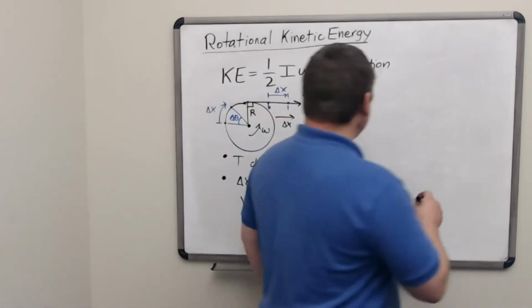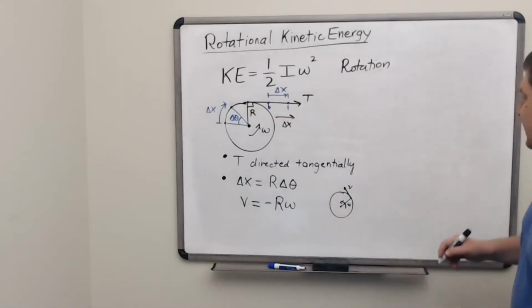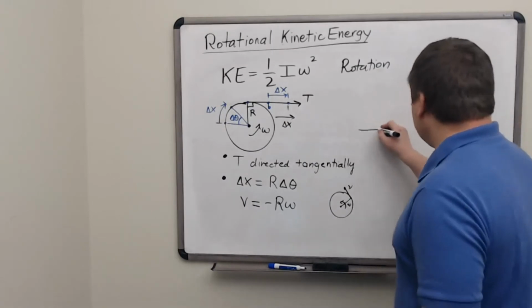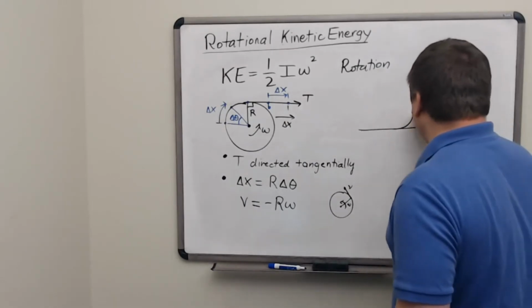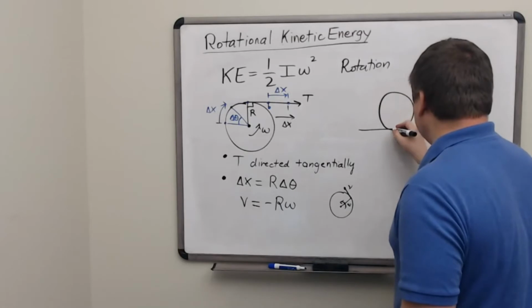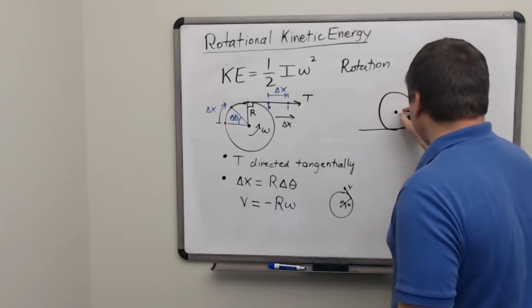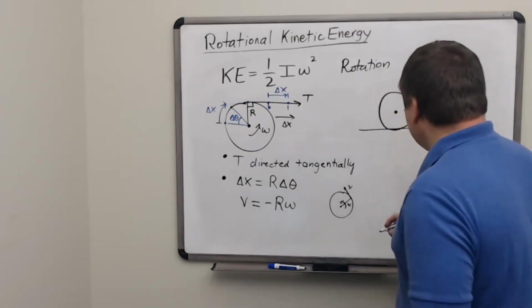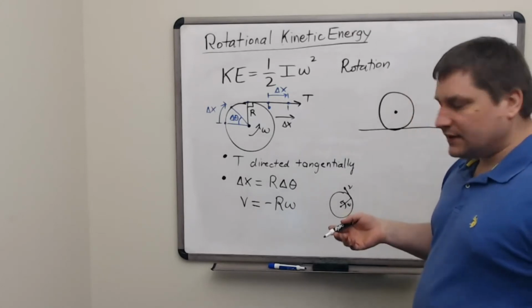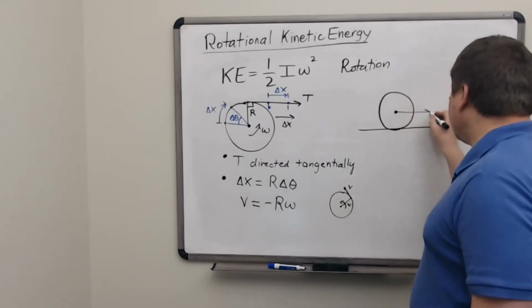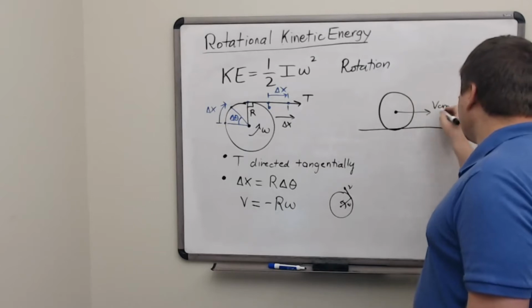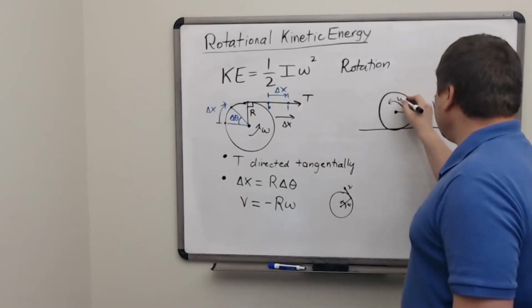The second situation where we'll see this rotational kinetic energy become useful is when an object is rolling along the ground or along some surface. When an object rolls along a surface, its center of mass is moving, and it's rotating at the same time.